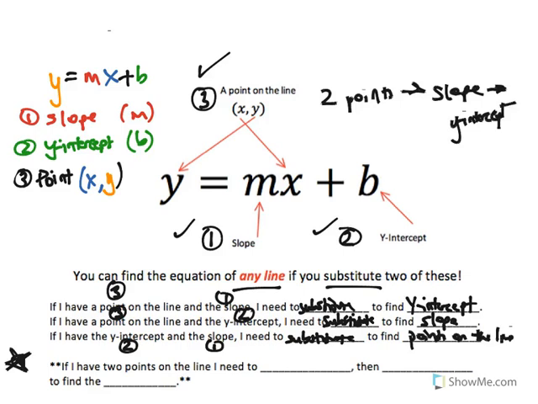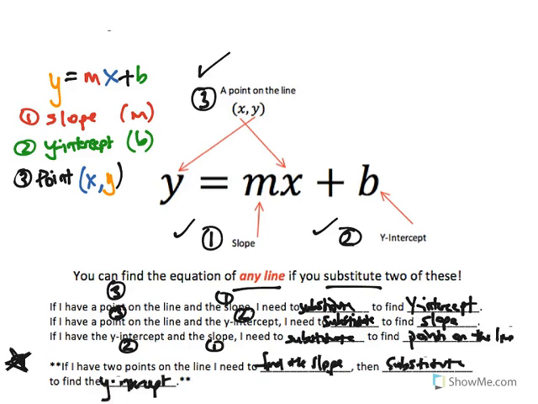And you'll see what we mean by that in class later. So if I have 2 points on the line, I need to find the slope, and then I will substitute to find the y-intercept. This is a lot of information right now, so let's look at the math.